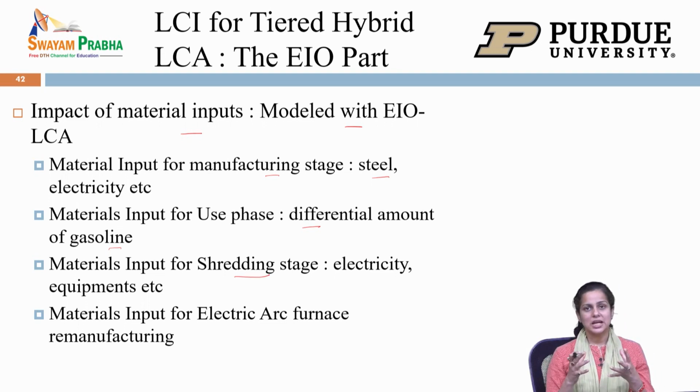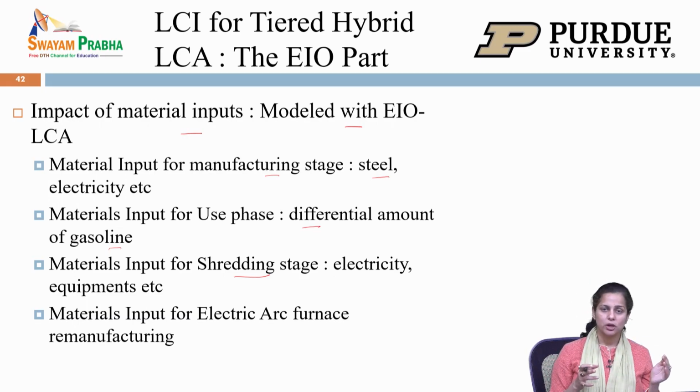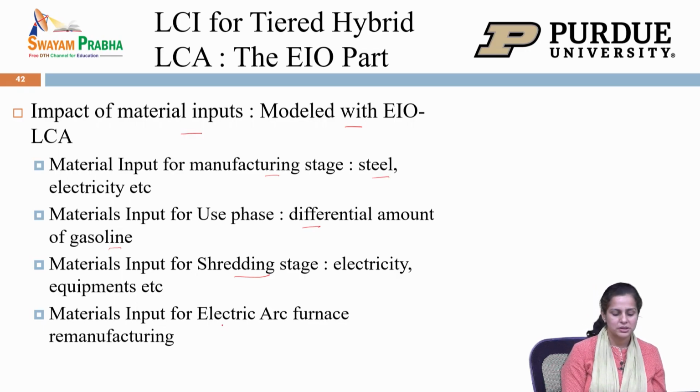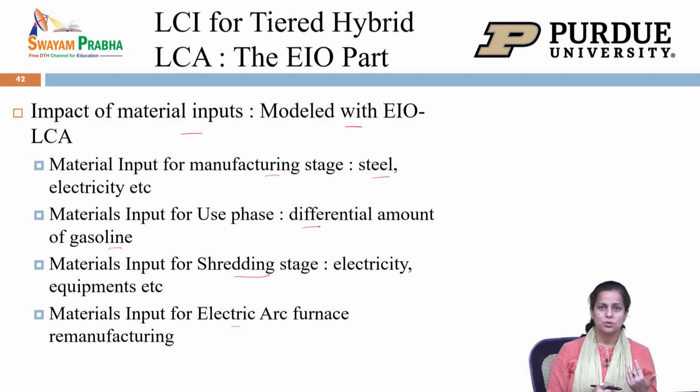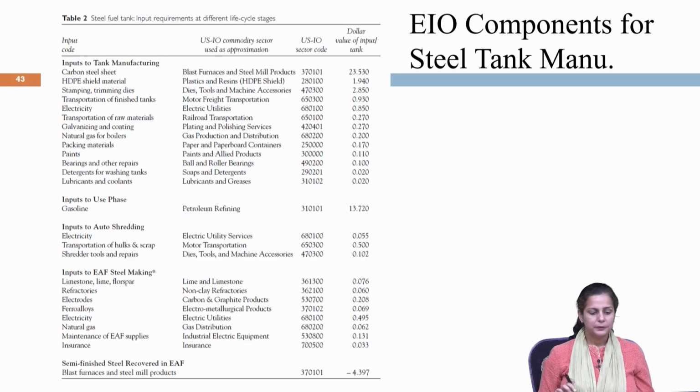While they knew what is happening in the shredding stage, the requirement of electricity and equipment is coming from the economy. So, that was also modeled as EIO LCA, and also the materials input for electric arc furnace remanufacturing. So, all of these inputs for different processes were estimated from the process, but then the total input was converted into final demand into dollars and fed into the input output model for the US economy.